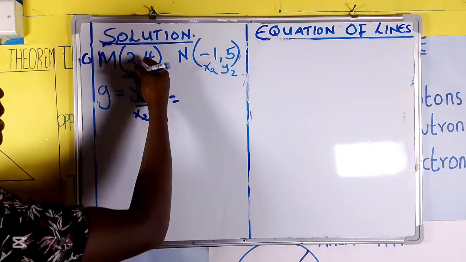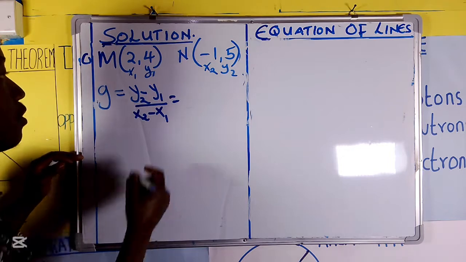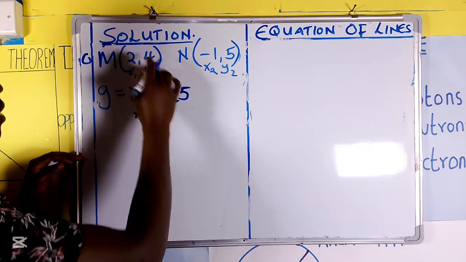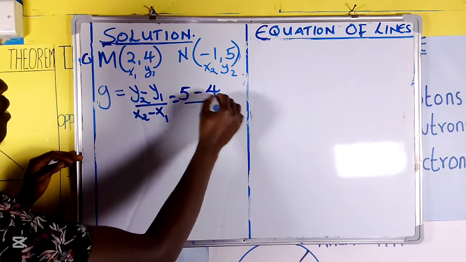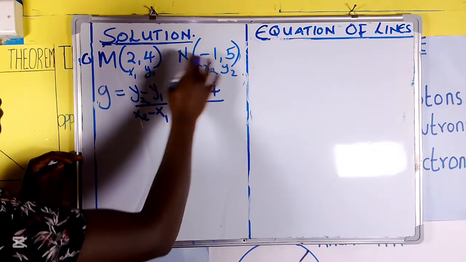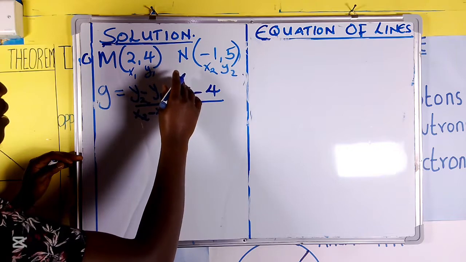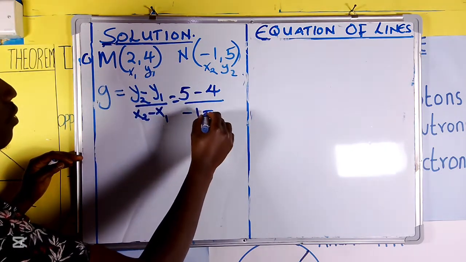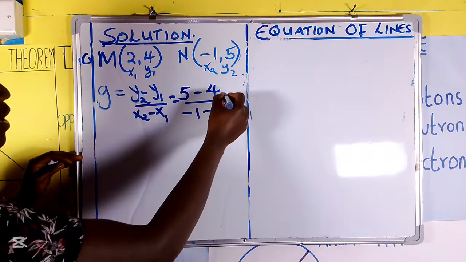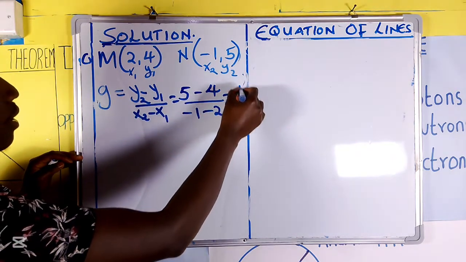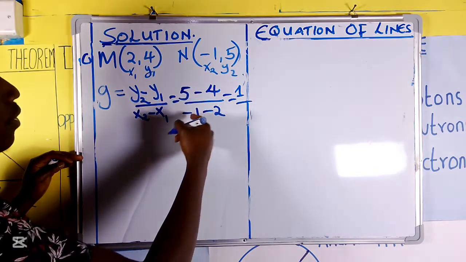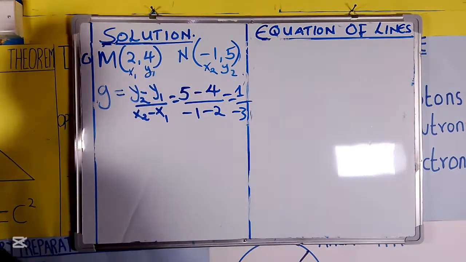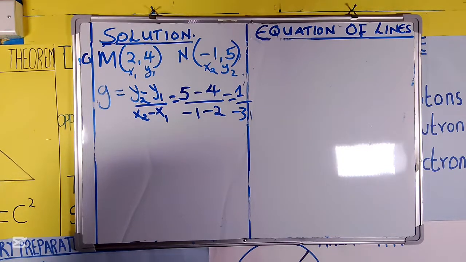So it will be 5 minus 4, which is equal to 1, over negative 1 minus 2. So 5 minus 4 is equal to 1 over negative 1 minus 2, which is negative 3.